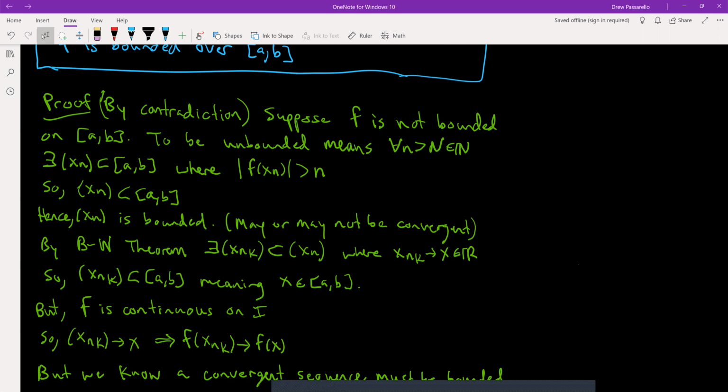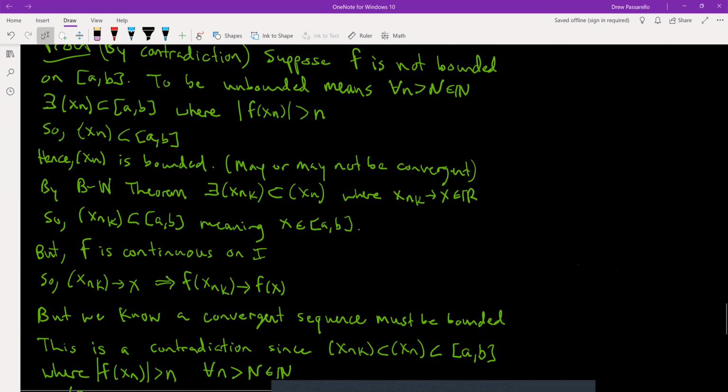But f is continuous on I, so since the sequence x_{n_k} converges to x, then f(x_{n_k}) converges to f(x). But we know a convergent sequence must be bounded.